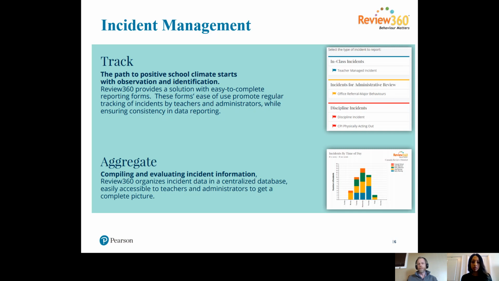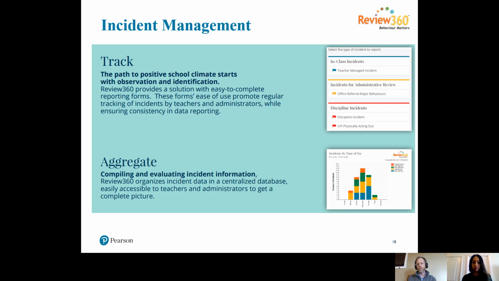And this allows you to look at in-class incidents, say speaking out of turn, bullying, a list of even customizable in-class incidents that you want to ensure that you're monitoring. Those can be included. There's also incidents that are more related to office referrals, so we're looking at discipline incidents.